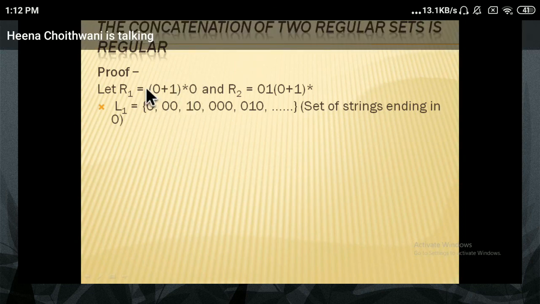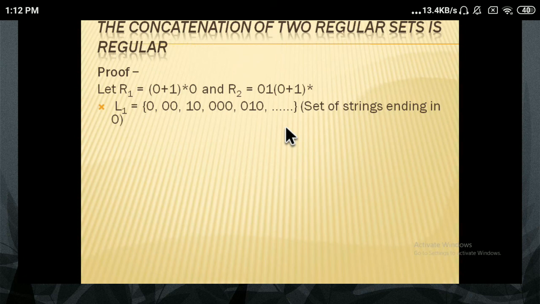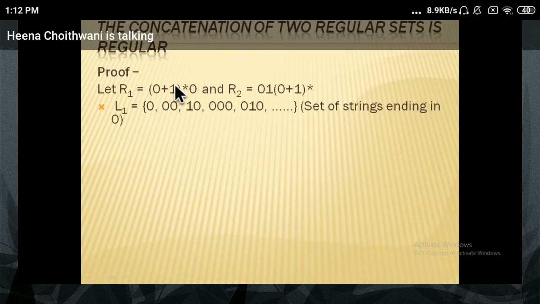Is it okay how to convert this expression into a language? Will you be able to convert this expression into a language? We have the union of 0 and 1, which means all these strings of 0, all these strings of 1, and combinations of them, that is 01 or 10, right?